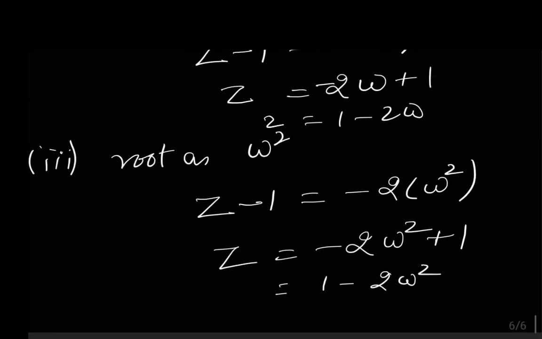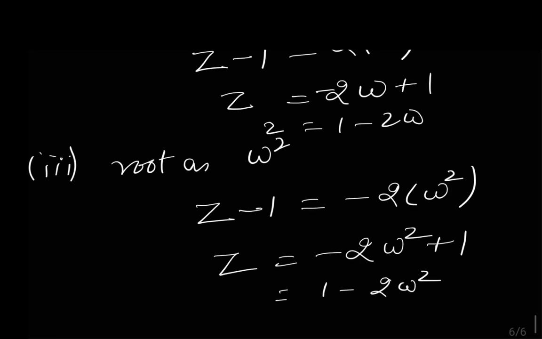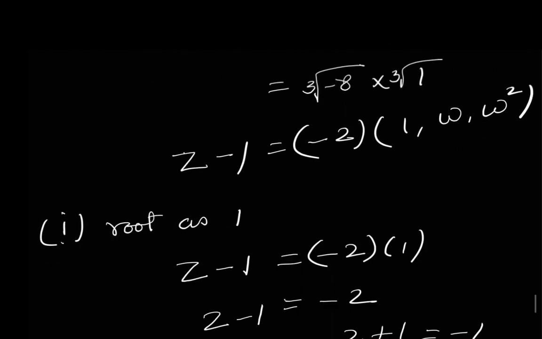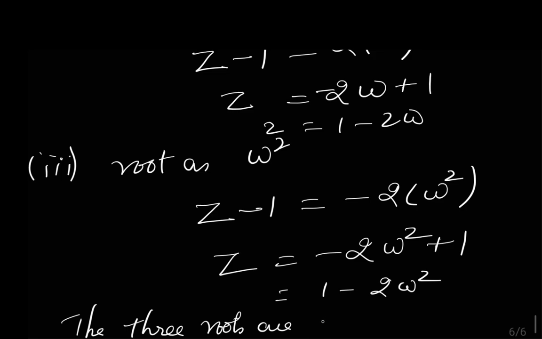So the 3 roots are minus 1, 1 minus 2 omega, 1 minus 2 omega squared.